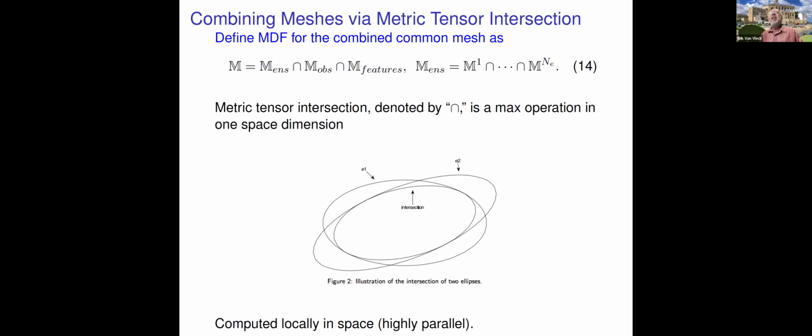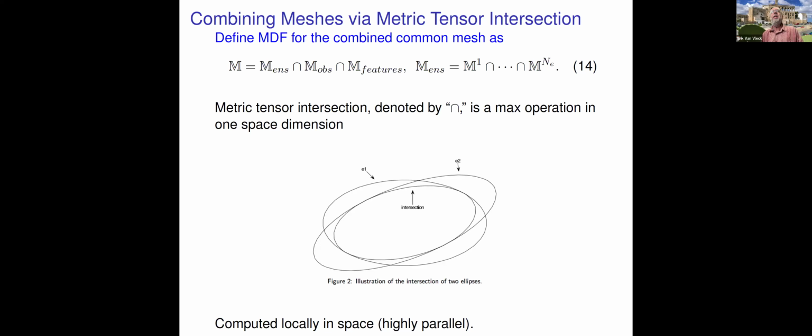There may be other features that we want to incorporate as well, and I'll talk about those a bit more at the end of the talk. The easy place to understand these mesh density functions is in one space dimension. There, these are basically just positive numbers that are inversely proportional to the mesh spacing.